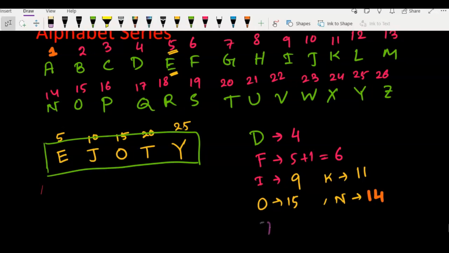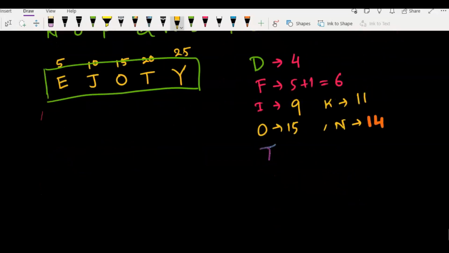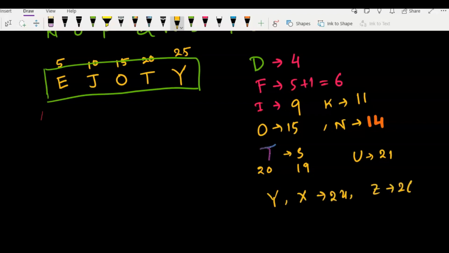S is just before T. T is 20, so S is 19. What is just after T? U. So U is 21. What is just before Y? X. X is before Y, so X is 24 and Z is 26. So using this EJOTY, you can remember the place value of some letters.